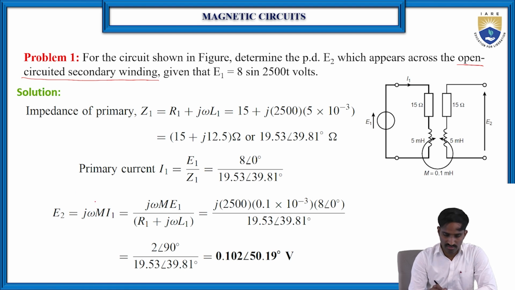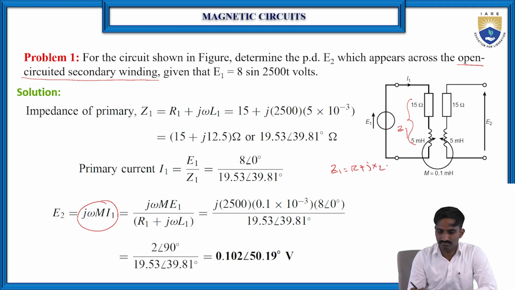One way is simply j omega M into I1. There is a scope to find I1 here, because I1 is equal to E1 by Z1, where Z1 is equal to R plus jXL.